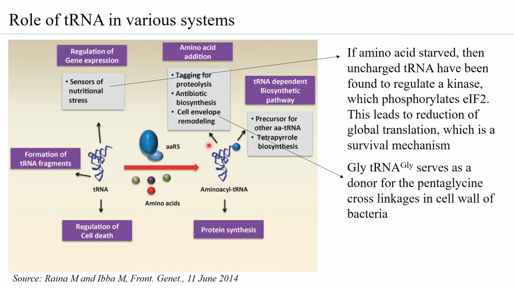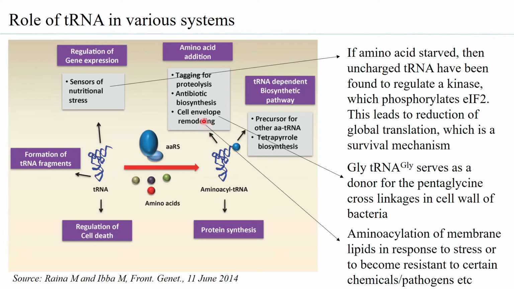Now, another area where a lot of studies have shown the role of tRNA is in the membrane lipids getting acylated by aminoacylation. Now, this seems to take place when, say, for example, the bacteria is wanting to resist a pathogenic attack or wanting to resist a stress.